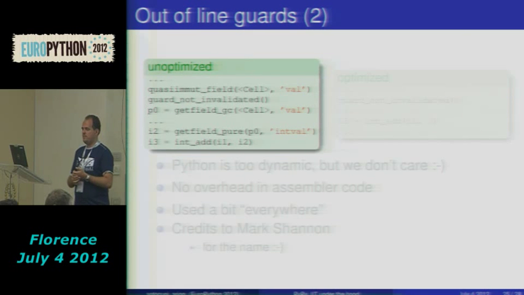So we took an existing concept of out-of-line guard, which means, well, let's pretend that this value never changes. In the trace, we just treat it as constant.